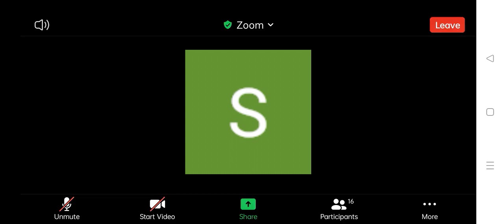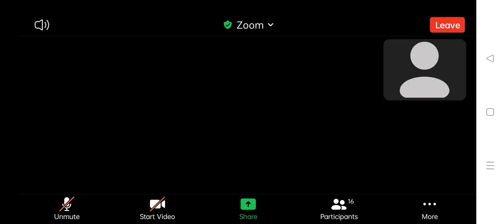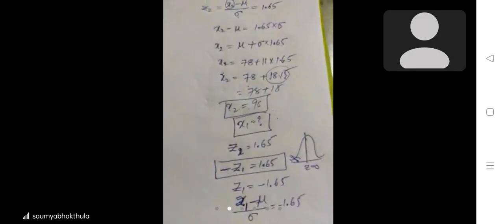Same procedure for Z1 equals minus 1.65. I'm taking Z1 as x1 minus mu by sigma equals minus 1.65. Madam, screen off. Oh, sorry. Now is it visible? Yes, ma'am, visible.